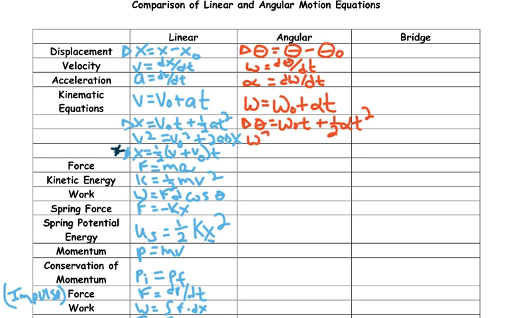The angular velocity squared is equal to the initial angular velocity squared plus 2 times alpha and the angular displacement. And then that equation that's not on the equation chart.